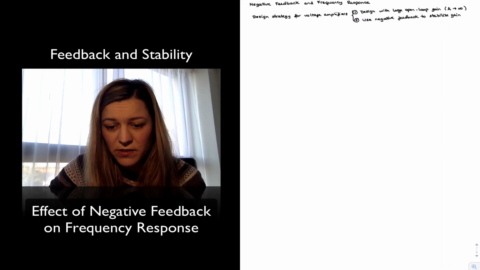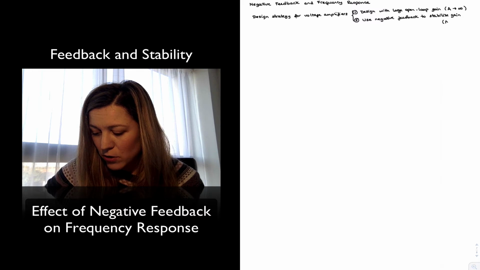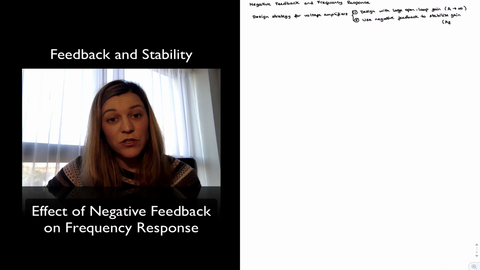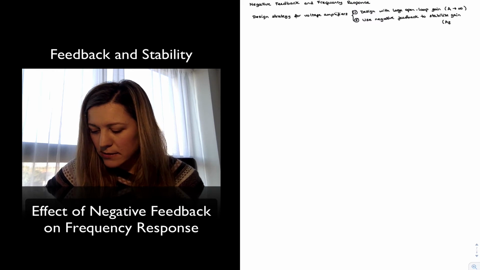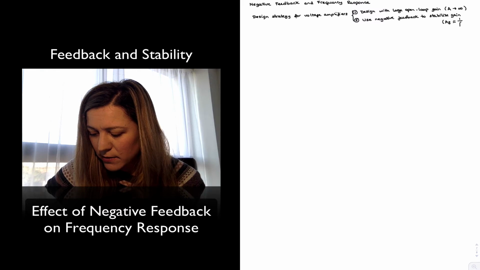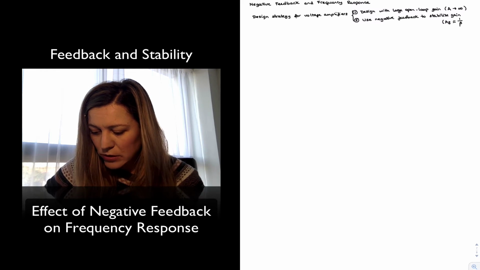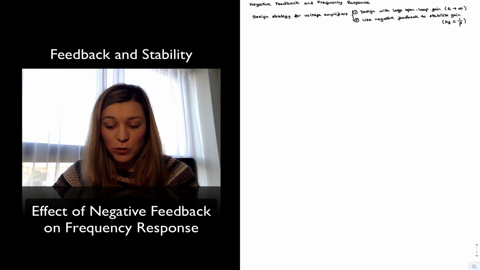And again, if we've designed the system correctly, our closed loop gain, which I'm going to refer to as A sub f, gain of the feedback system, is going to be approximately equal to 1 over beta, or mostly independent of the open loop gain.